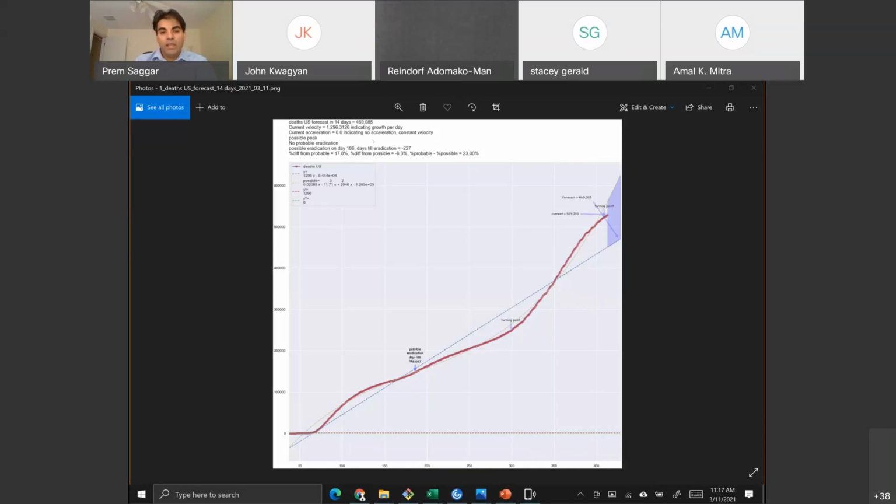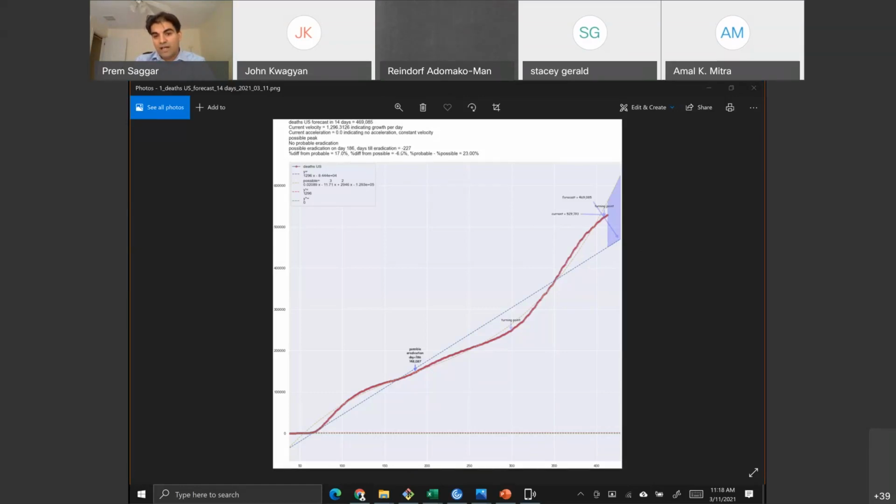What we're saying is the percent difference from probable is 17%. Where we are right now, the red line, these red dots are the actual deaths in the U.S. The difference between this point, 529,193, and the predicted line is 17%.